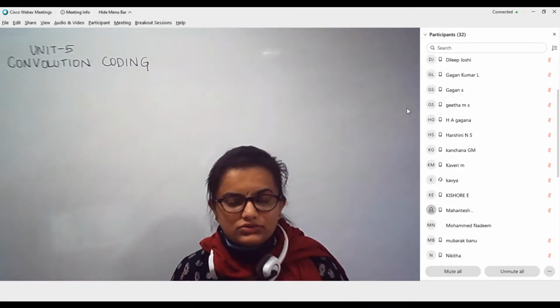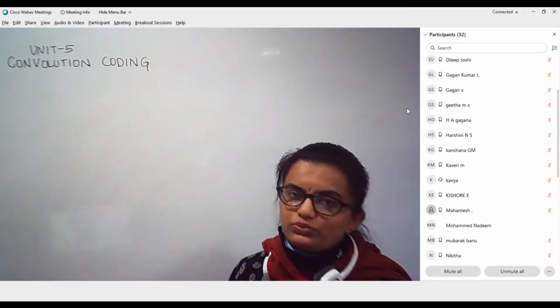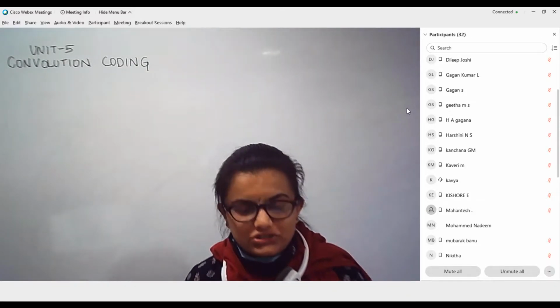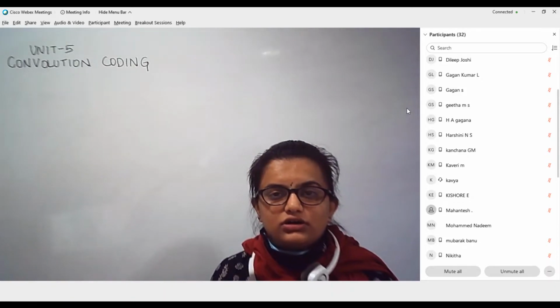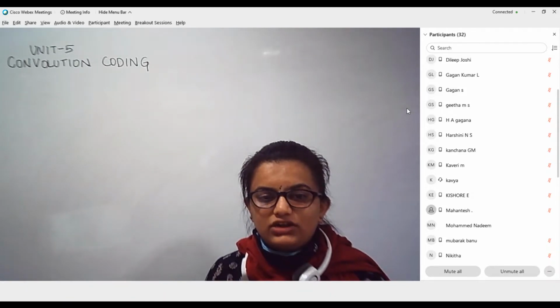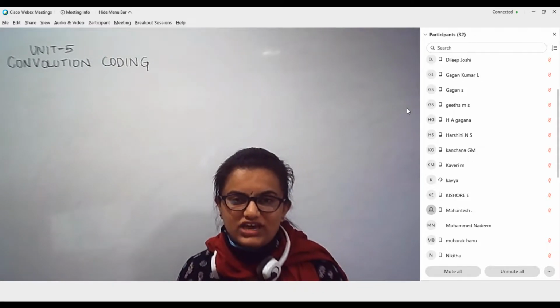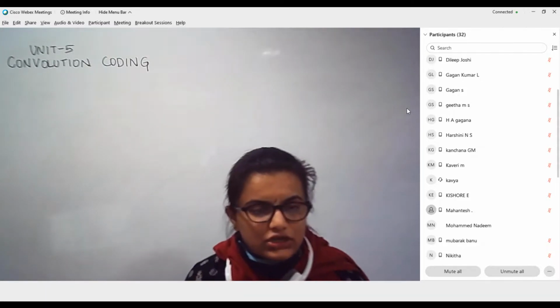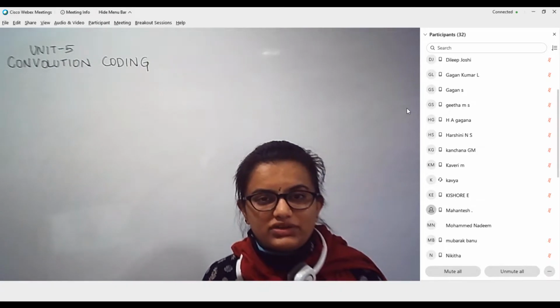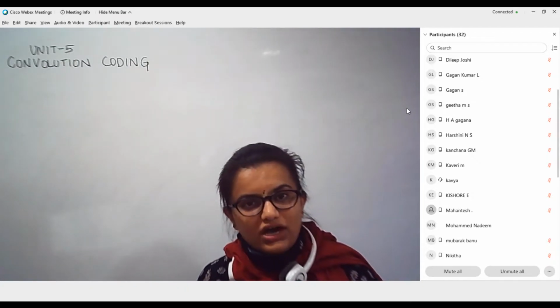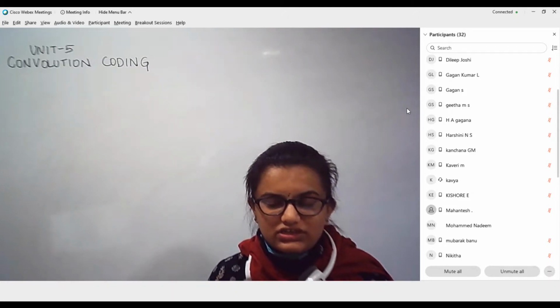So as of now, we know that in error control coding, the process of error control or error correction basically involves two steps. One is error detection, the other one is error correction. Both of these are done because while digital data are transmitted over a given communication channel, you are going to lose some of the bits, or some of the bits may get transformed into other symbols during the transmission.